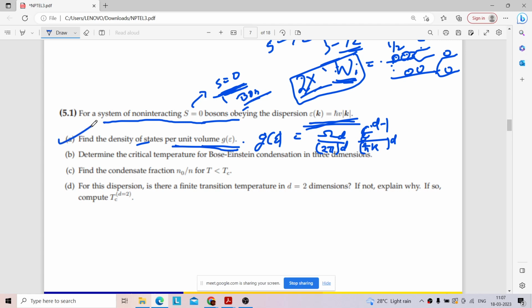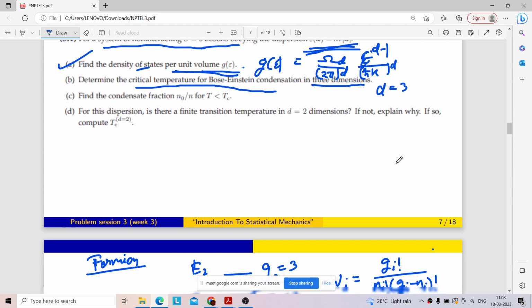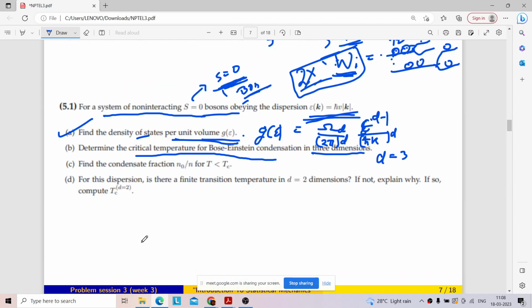So this is done. Now we have to determine the critical temperature for Bose-Einstein condensate in 3 dimensions. So d will be 3 now. Critical temperature we have to find.